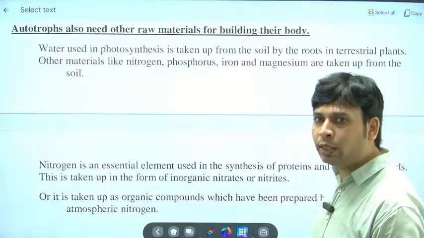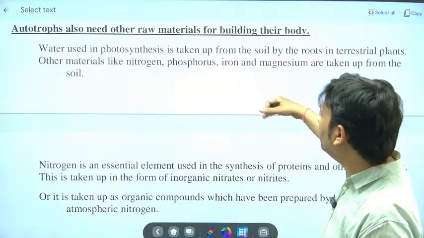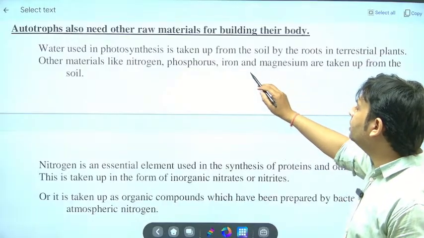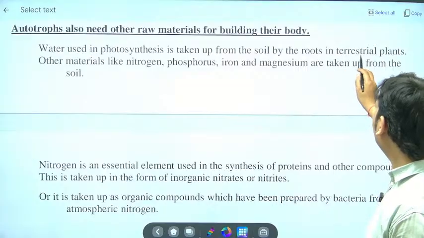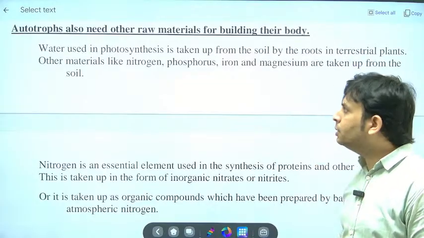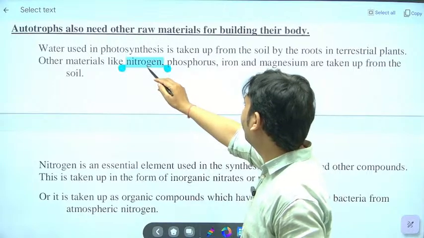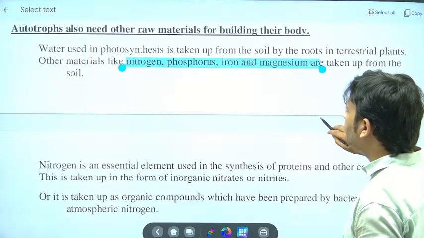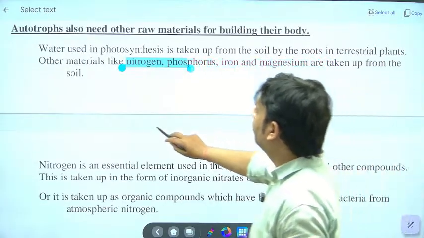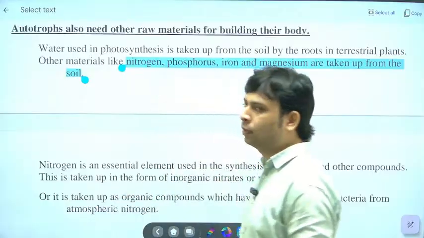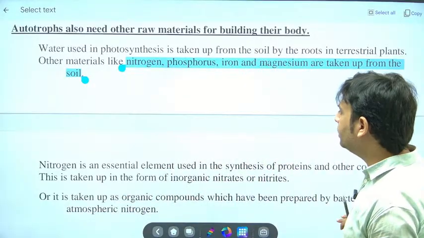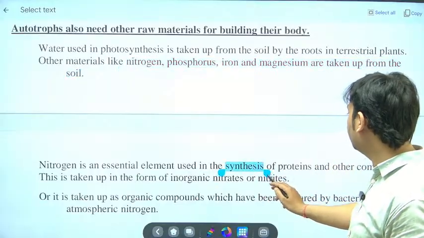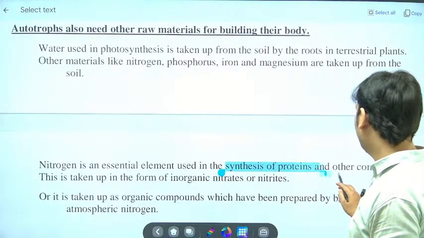Now we will study how autotrophs also need other raw materials for building their body. The water used in photosynthesis is taken up from the soil by the roots in terrestrial plants. Other materials like nitrogen, phosphorus, iron and magnesium are also taken up from the soil. Nitrogen is a very essential element and it is very useful for the synthesis of proteins and other compounds.